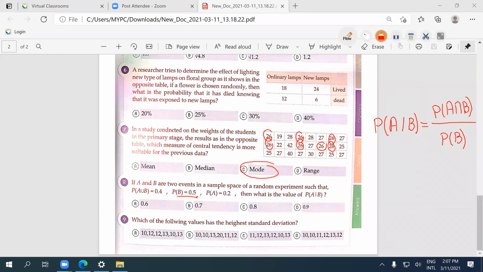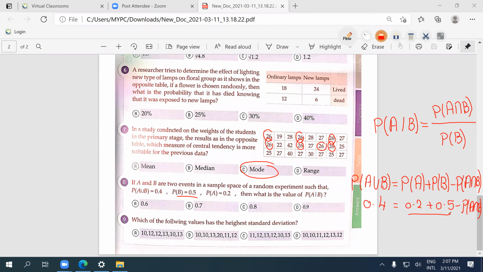Okay, so we have the probability of A union B equals the probability of A plus the probability of B minus the probability of the intersection. You can simplify. This is 0.4, this is 0.2, this is 0.5 minus the probability of the intersection, the requirement.